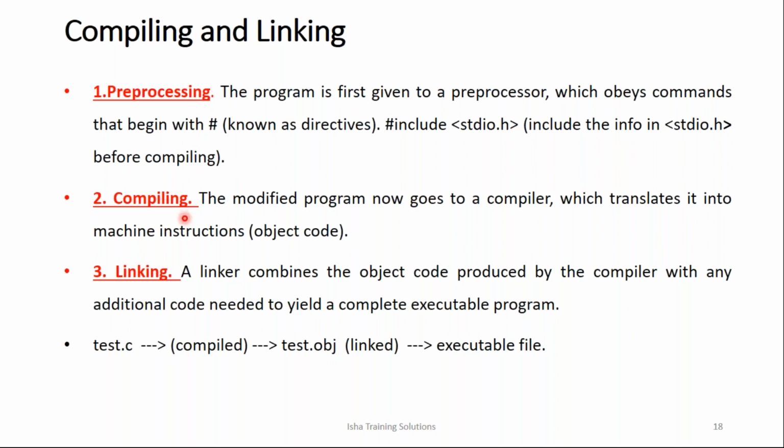Next one is the compiling. The modified program now goes to the compiler and it is translated into machine instructions or object code. We will see what that object code is in a flowchart manner so that you can understand clearly what the compiler is and what is happening in the linking, in the next slide. As of now, you just understand with the statements present here. Next one is linking.